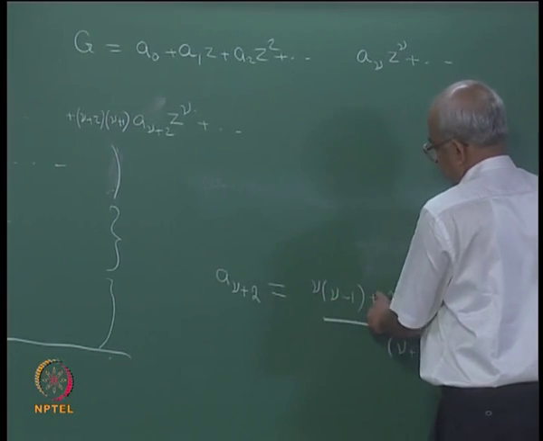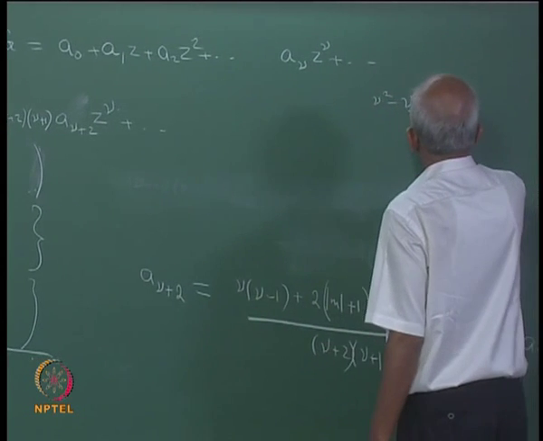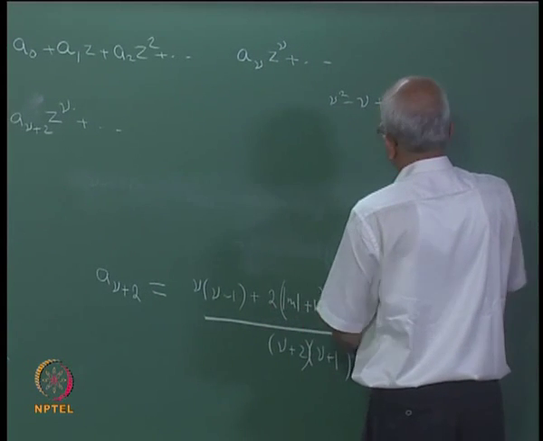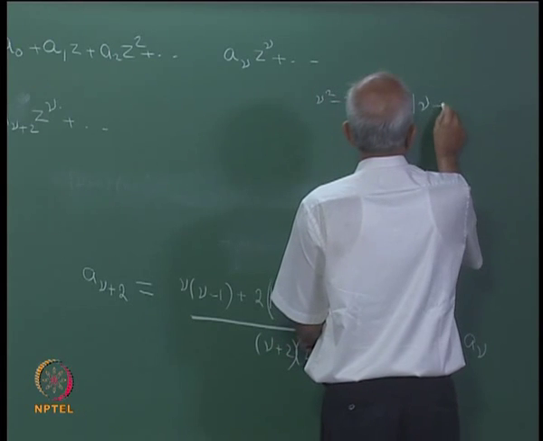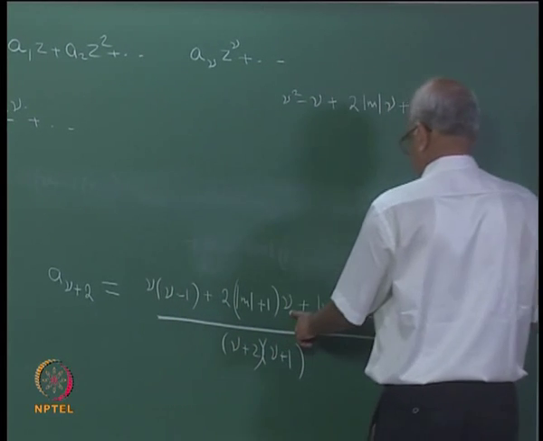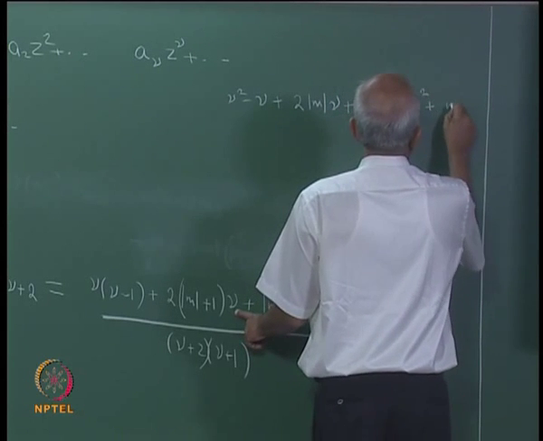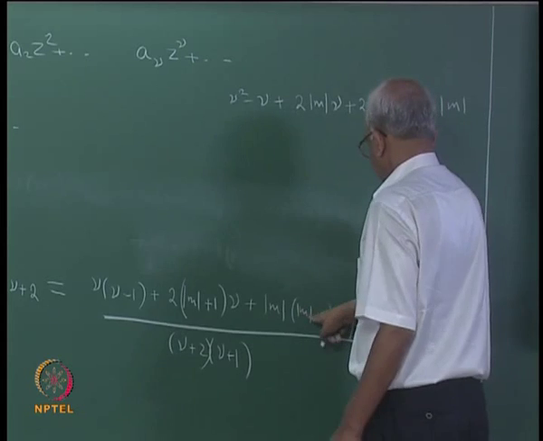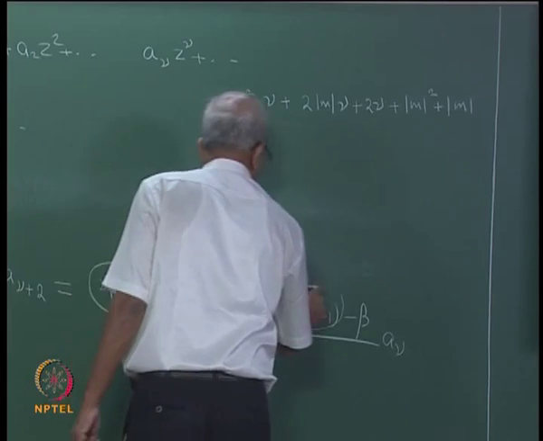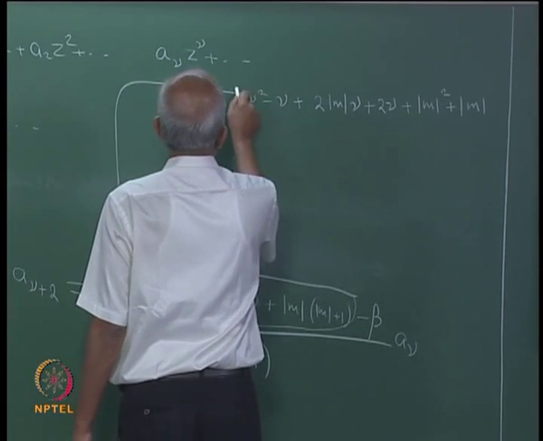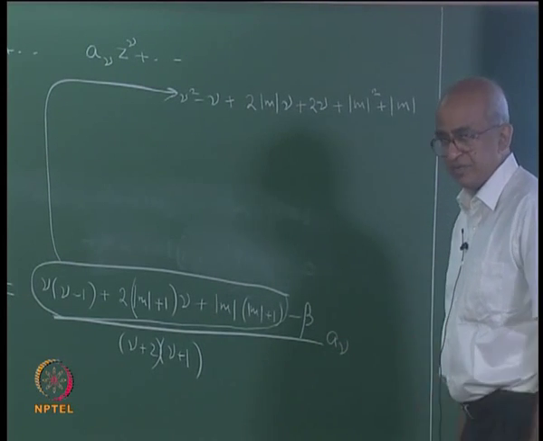Well, you have nu into nu minus 1, that is actually nu square minus nu this term, plus, let me just expand this, I am going to get 2 times m into nu plus 2 nu plus magnitude of m square plus magnitude of m. Right, I am just writing this part. Okay. The minus beta I am not writing now.